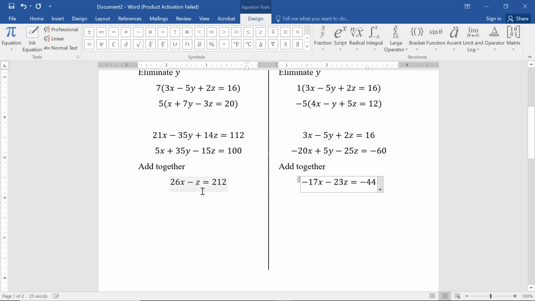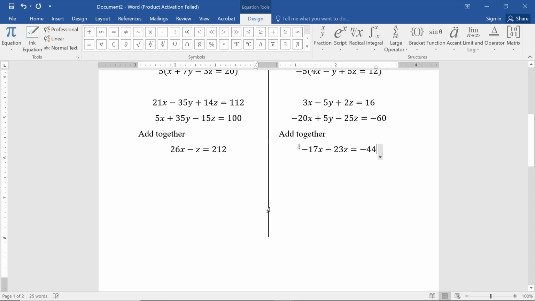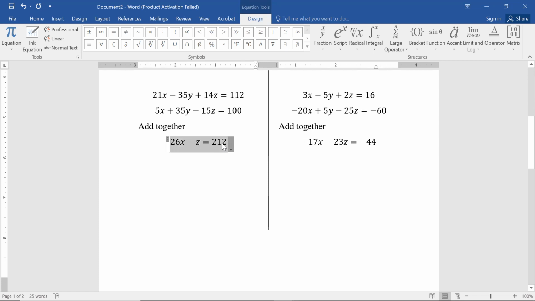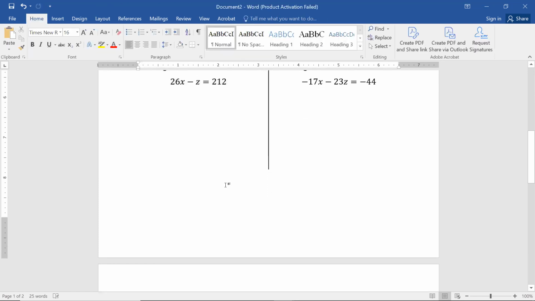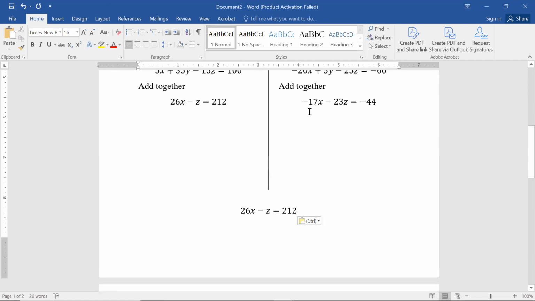So we have two equations that have variables only in x and z. We'll call these my xz equations just for sake of ease. So here's my xz equations.